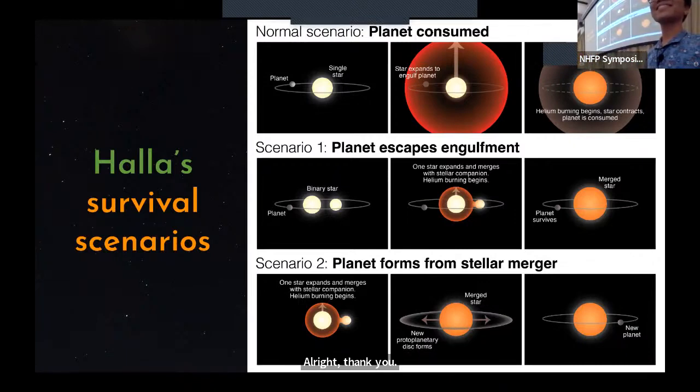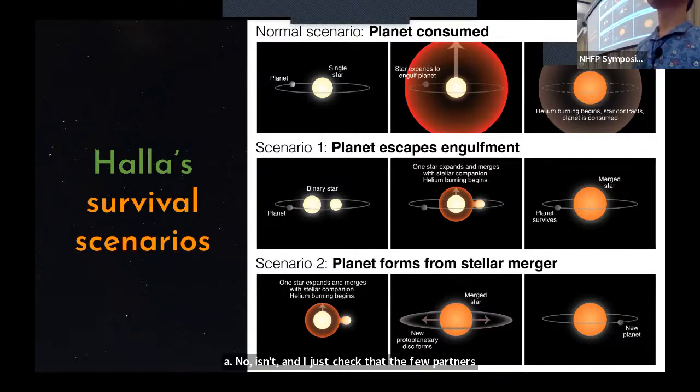Hi, Mark, really nice talk and the discovery. I think the host star is a Hipparcos source, and I just checked that the Hipparcos and Gaia astrometry seems to have a pretty noticeable difference. So will the astrometric acceleration somehow help to constrain the planet mass orbit or the binary scenario?